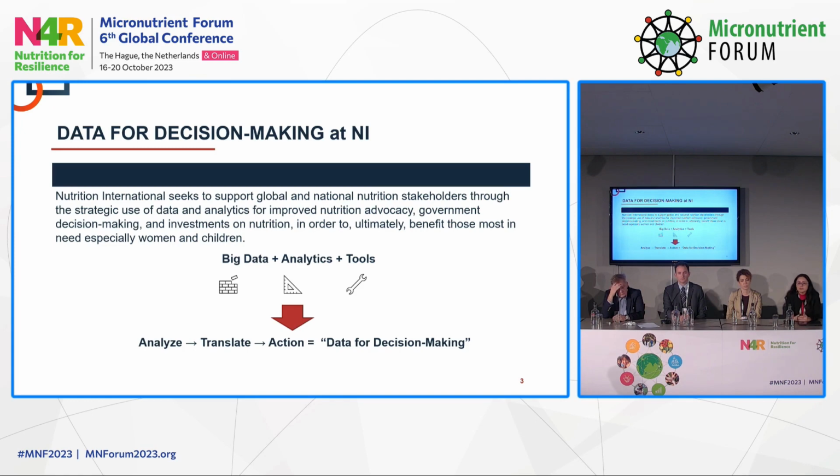And also we want to make sure that we use global, national, and country-level data to help the stakeholders through their strategic decision-making, to be able to do analytics and data analysis to improve nutrition advocacy, help government decision-making, improve investments in nutrition, and eventually we want to, of course, improve and optimize the benefit to those most in need.